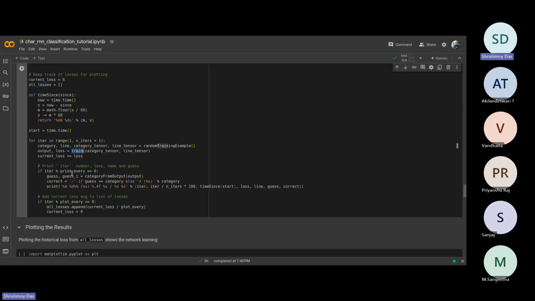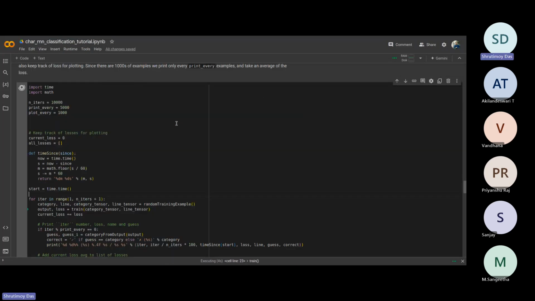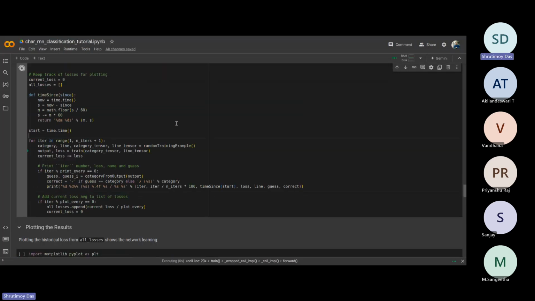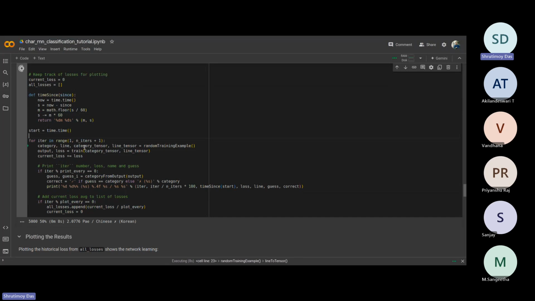And after every 5000 iterations, I'll check what is the test loss that I am getting. So let me run this. It will take a few minutes. So now it is training the network. It is calculating the loss, doing backward propagation, updating the weights, and then again training.